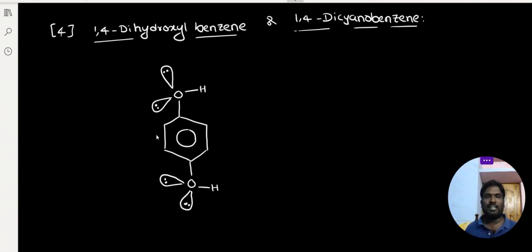So very important application. CO bond polarity working towards oxygen.